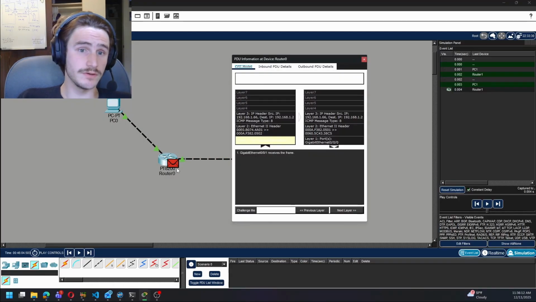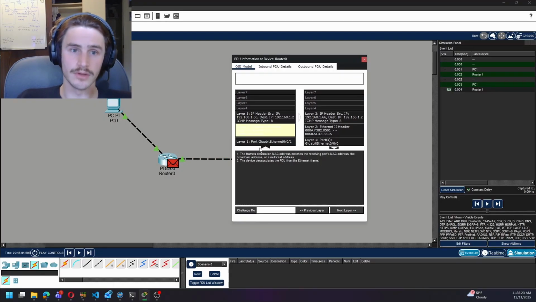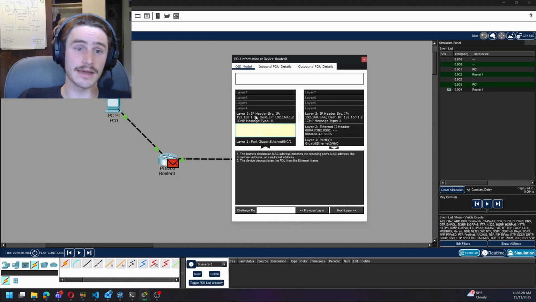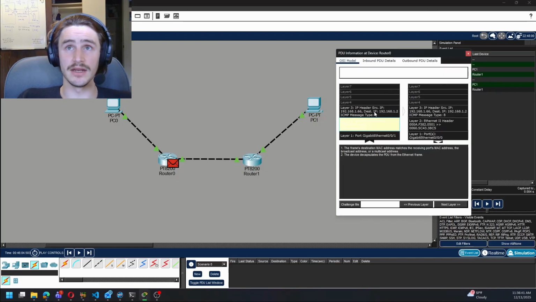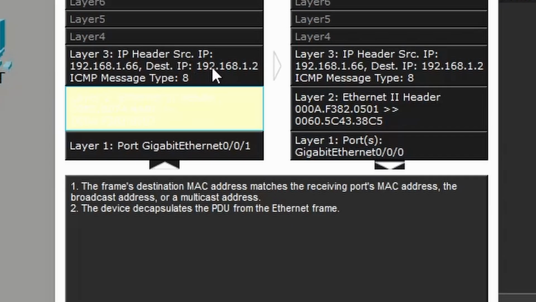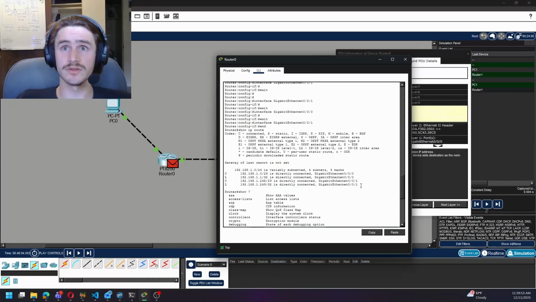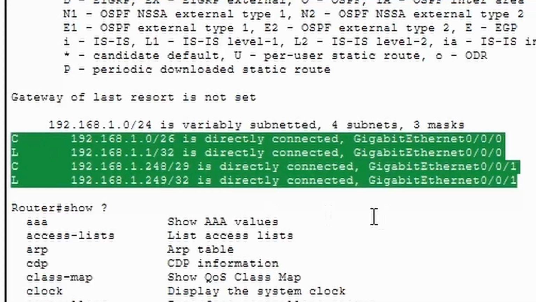So now router 0 has the frame. So it unpacks the frame, looks at the IP packet, and it is destined to 192.168.1.2. So it's like, all right, let's see how I know where that IP address is. Looks in its routing table. Here is the routing table of router 0.